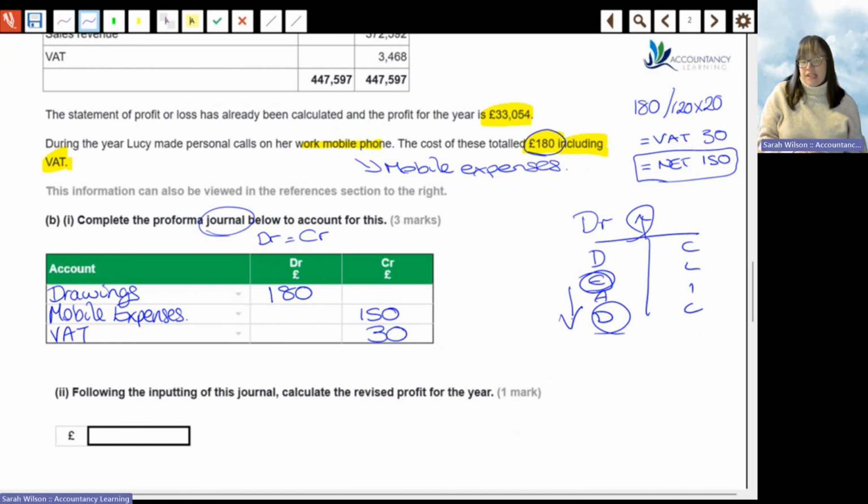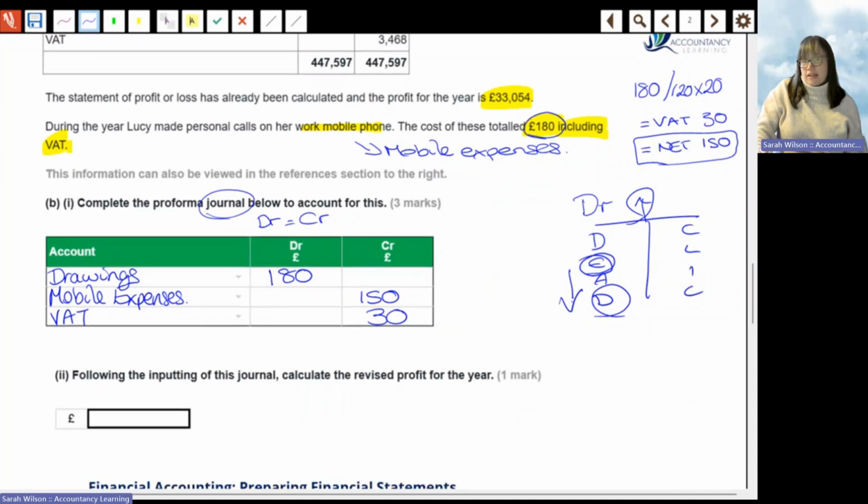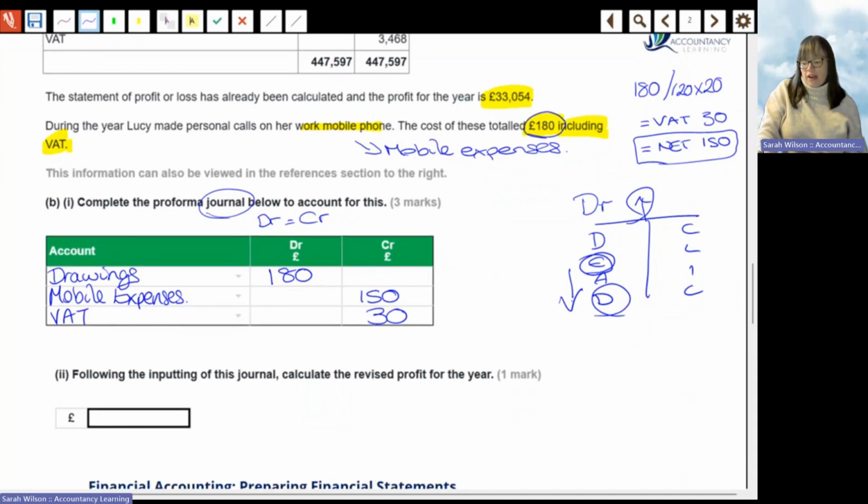So we now can see that we are reducing the expense of the mobile phones by £150. So if we're reducing cost to the business, it means that our profit is going to increase.